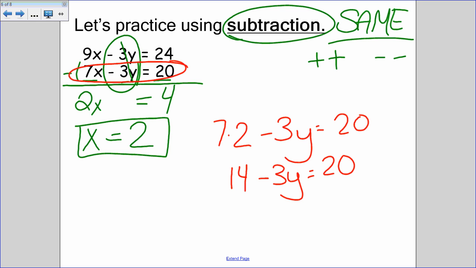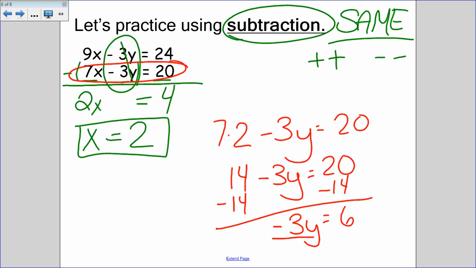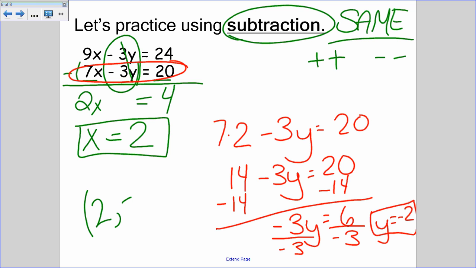To get our 14 to the other side of the equal sign, we're going to subtract 14 from both sides, and you get negative 3y equals 6. When we divide by negative 3, we get that y equals negative 2. The solution to our problem here is 2 comma negative 2. You can always plug that back in to check it.